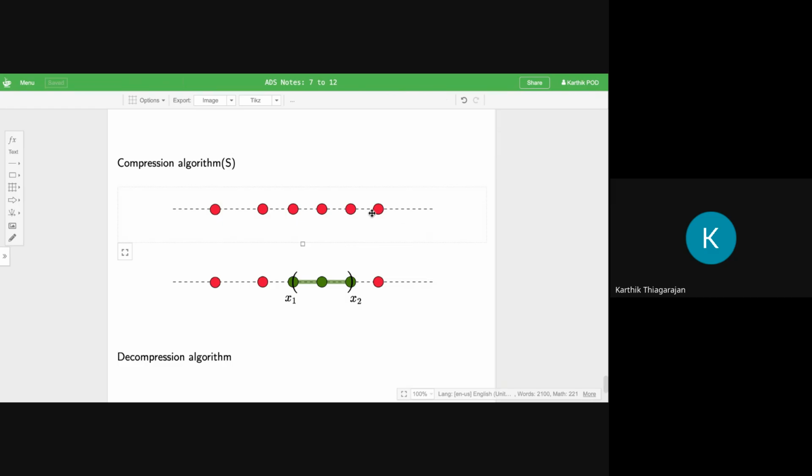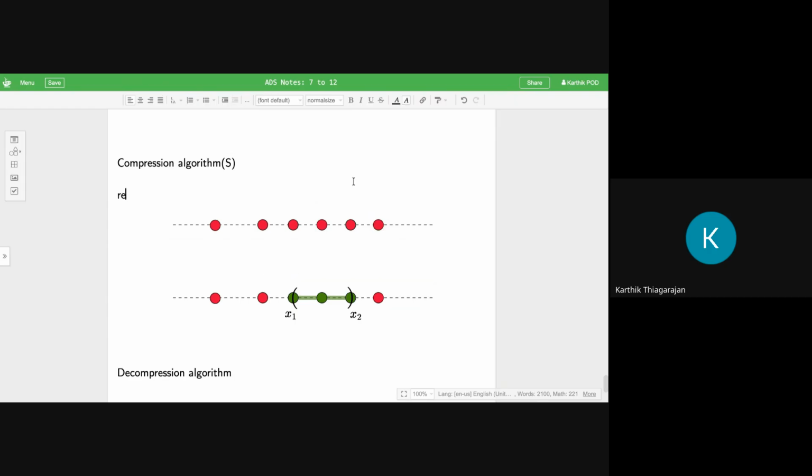What you have to do is compute the maximum of the x coordinates of all these points and return the rightmost point. So the compression algorithm here will return the rightmost point, or the point with the maximum x coordinate. You can think about it either way.